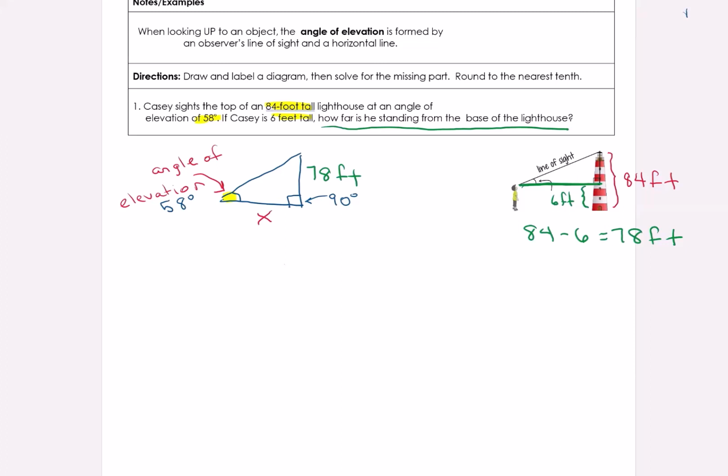Now we have a bunch of trig functions. We have SOHCAHTOA. Sine is opposite over hypotenuse. How do I know if something is opposite?